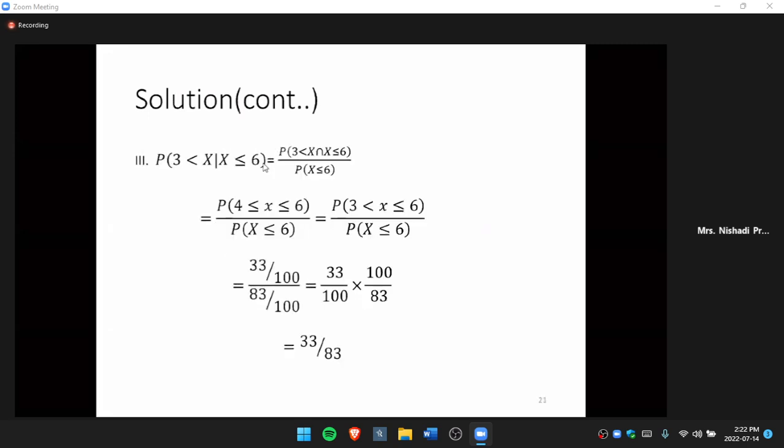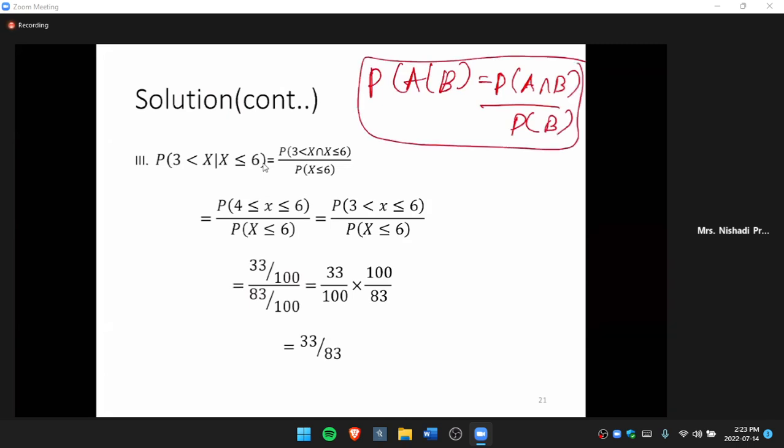Okay, we were discussing this conditional probability. If you have a conditional probability of A, given that B has happened, we can write it using the conditional probability rule. But here we have 3 < x, given that x is less than or equal to 6.